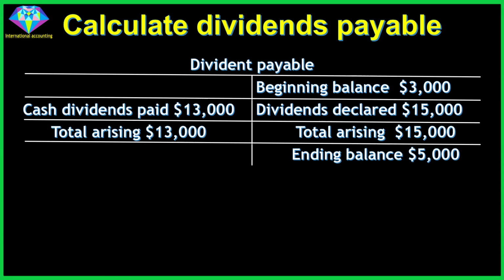Ending balance equals beginning balance plus dividends declared minus cash dividends paid. So cash dividends paid equals $3,000 plus $15,000 minus $5,000 equals $13,000. So the total on the debit side of the dividends payable account is $13,000.